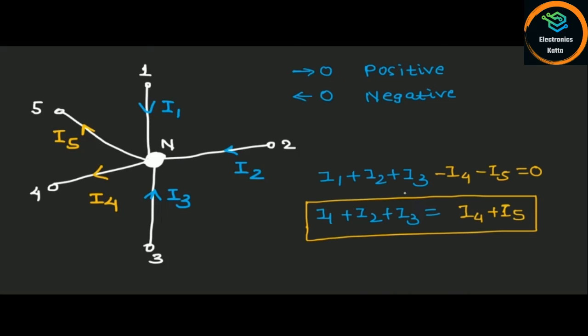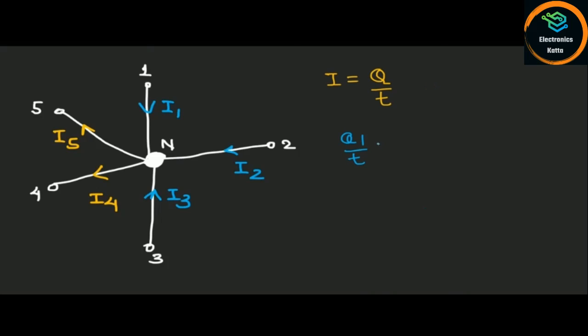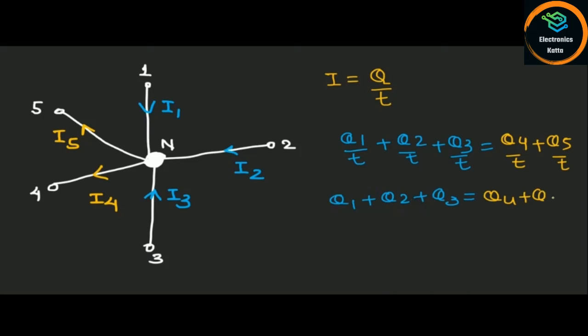So we can write this equation as Q1 by T plus Q2 by T plus Q3 by T is equal to Q4 by T plus Q5 by T. Here we have written these currents in the form of charge, and we can simplify it as Q1 plus Q2 plus Q3 is equal to Q4 plus Q5. So we can see that the charge entering the node is equal to the charge coming out of the node.